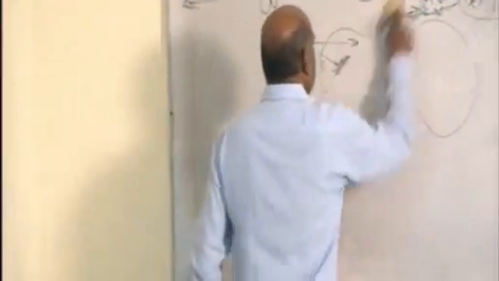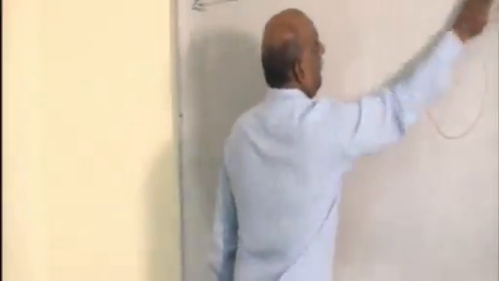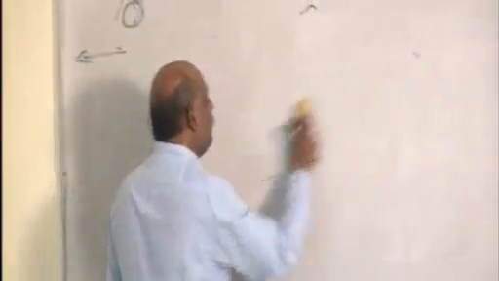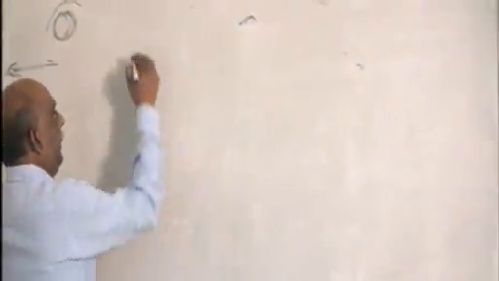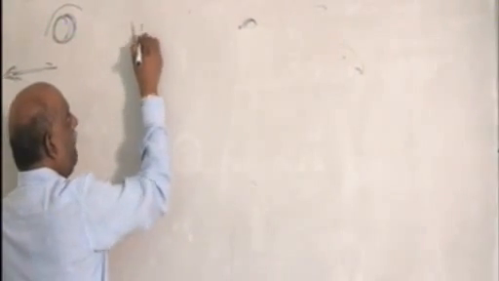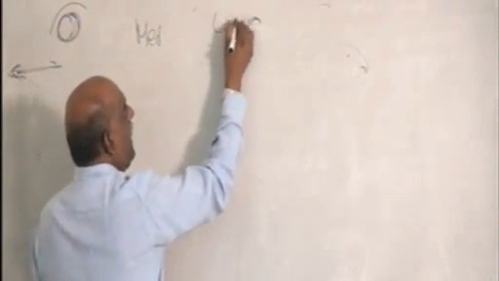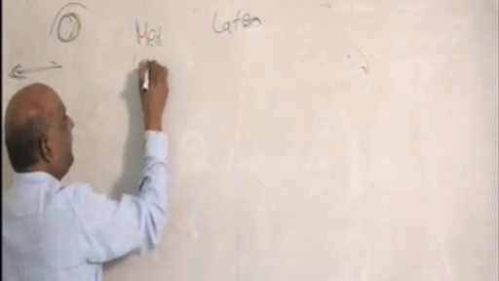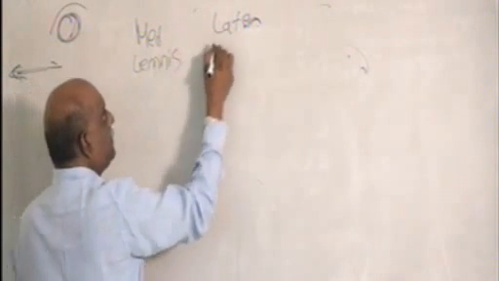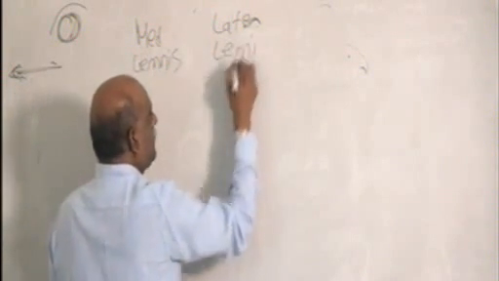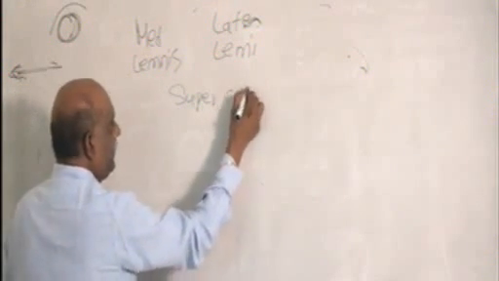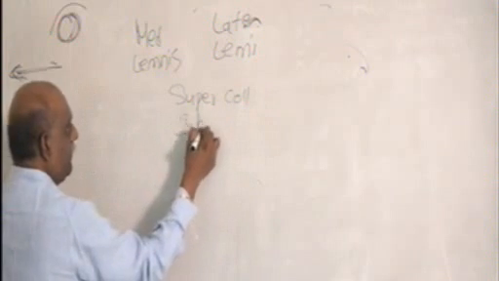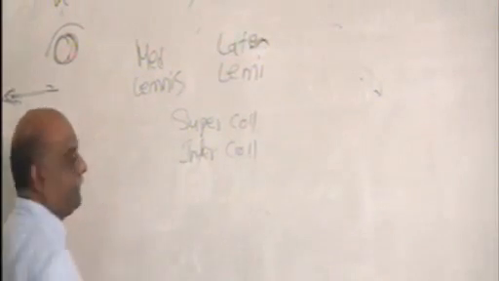So doctor, basics of neurology terminology. You have the medial lemniscus, lateral lemniscus. You have the superior colliculus, inferior colliculus.